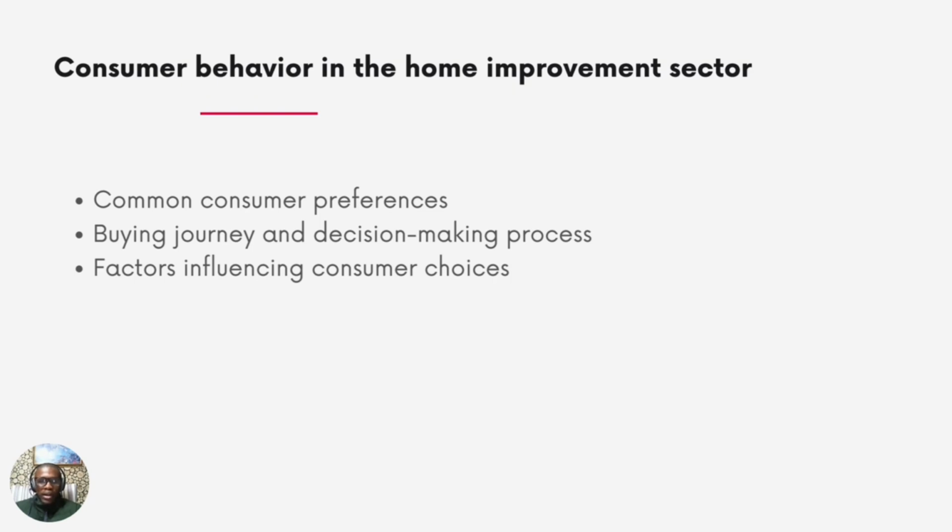So let's now head to the common consumer preferences. The first one is the preference for high quality and durable materials, which is one thing that every person wants, as you probably know by now.